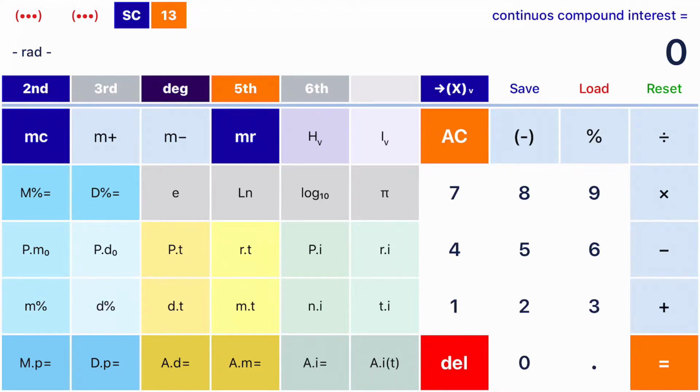Now the question is, find the amount after 3 years that the money has grown to if the interest is compounded annually, semi-annually, quarterly, monthly, daily, or continuously. So all of these cases are going to be contemplated in a single blow with this calculator.